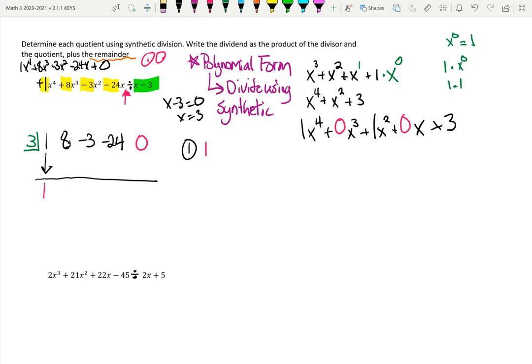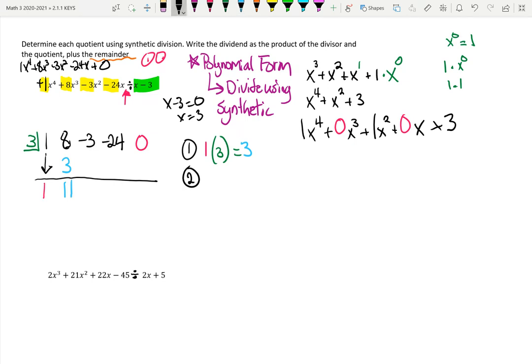In order to be a little better, I'm not going to use an x. I'm going to use parentheses. We're in Math 3. Okay? 1 times 3 is going to be equal to 3. I'm going to put that here. And I'm going to add 8 and 3, and I'm going to get 11.